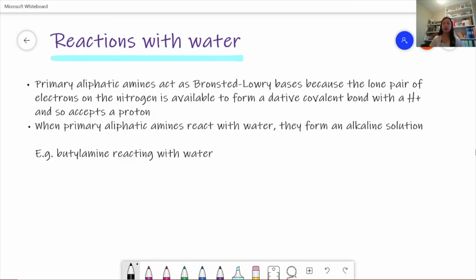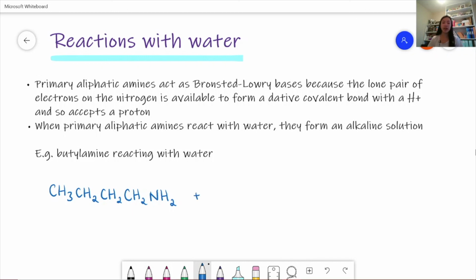So in this example, we're going to react water with butylamine, which has the formula CH3, CH2, CH2, and then NH2. So it has 4 carbons because that's why we have the prefix but.